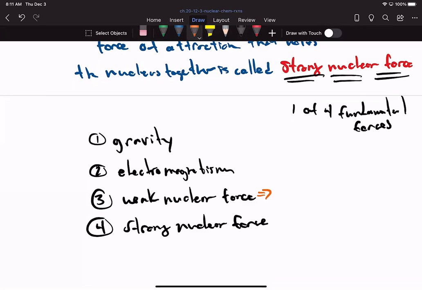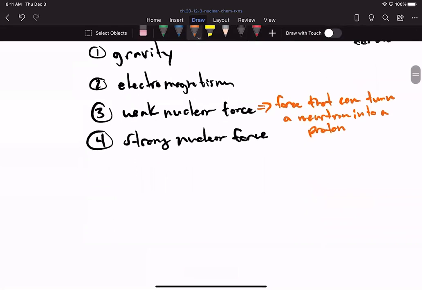The weak nuclear force is the force that can turn a neutron into a proton, right? The weak nuclear force is the force that can change a neutron into a proton.